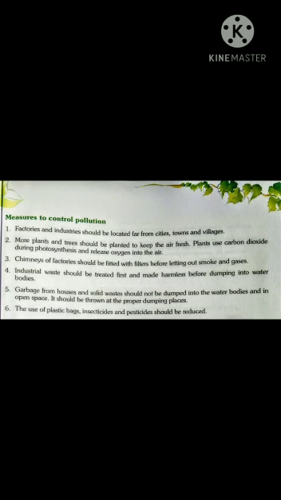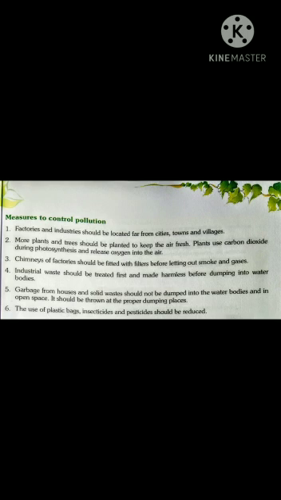Next is measures to control pollution. Factories and industries should be located far from cities, towns and villages. More plants and trees should be planted to keep the air fresh. Plants use carbon dioxide during photosynthesis and release oxygen into the air. Chimneys of factories should be fitted with filters before letting out smoke and gases.